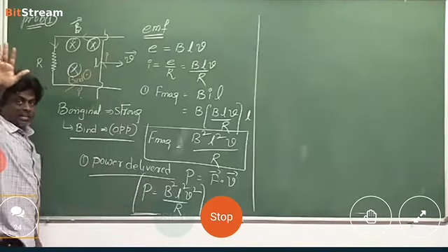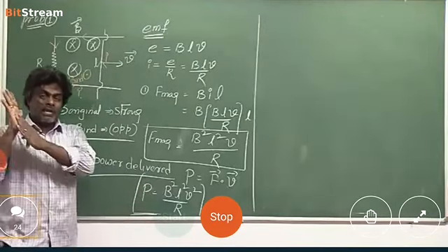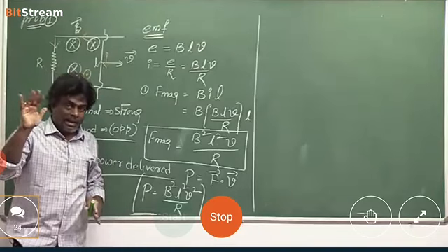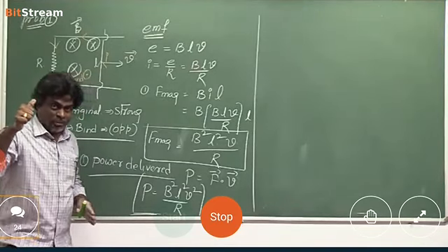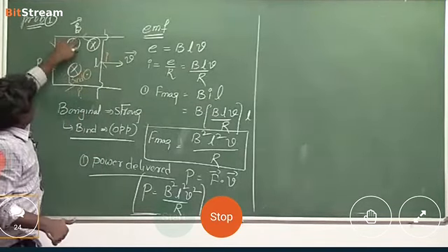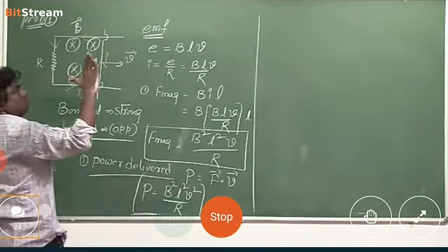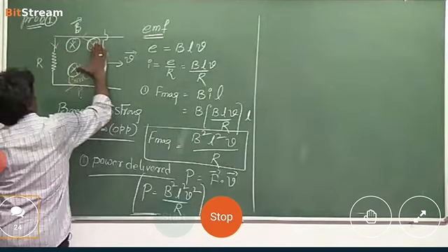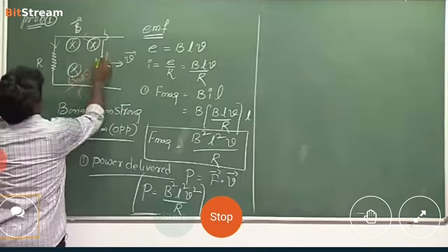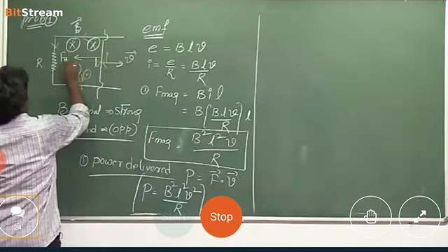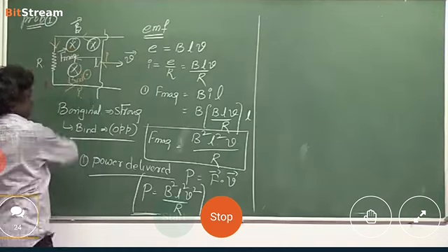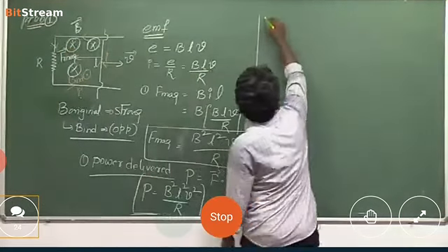Then use the right hand: palm magnetic field, fingers current, thumb magnetic force. Your original magnetic field into current upward, so this will be the magnetic force direction. Good.